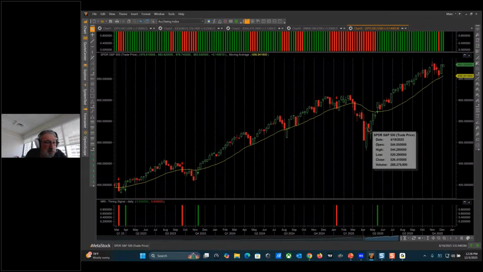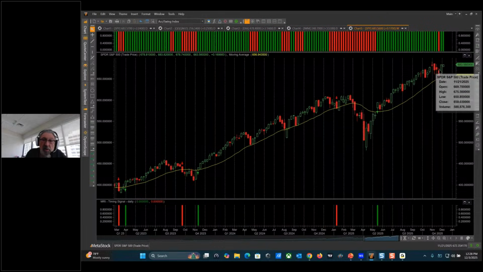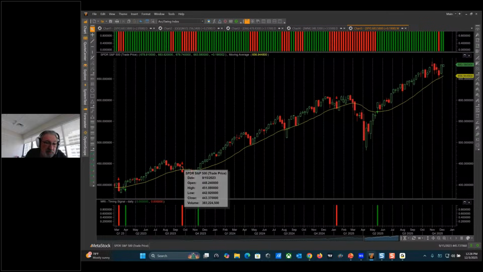So I'm going to use other signals, and I'll talk about that. But if my goal was to capture the majority of a move, and we're still long, and avoid the big drawdowns, because you never know when you're going to get a 2008 level drawdown, I found this thing to work.